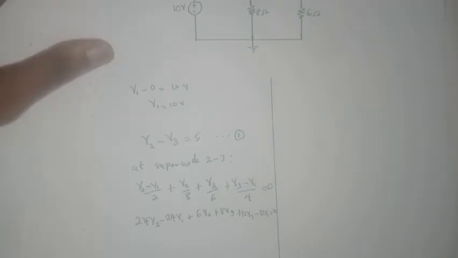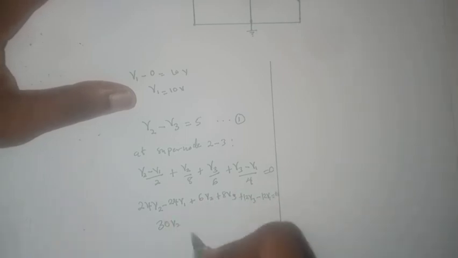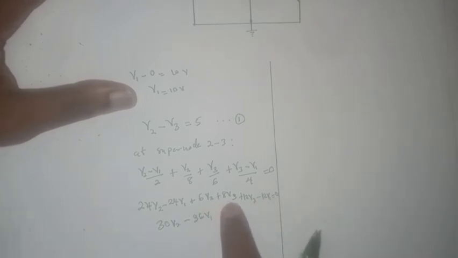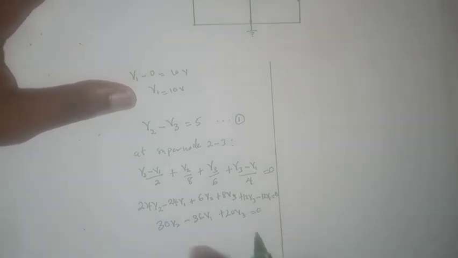Simplifying this further, we get that 30 V2 minus 36 V1 plus 20 V3 equals 0.